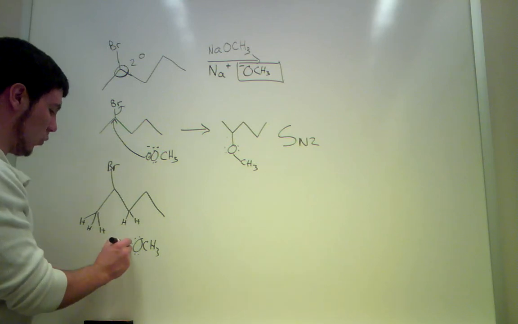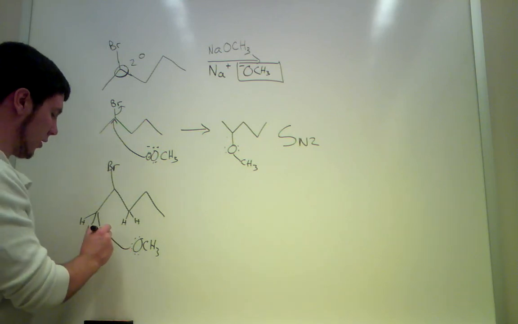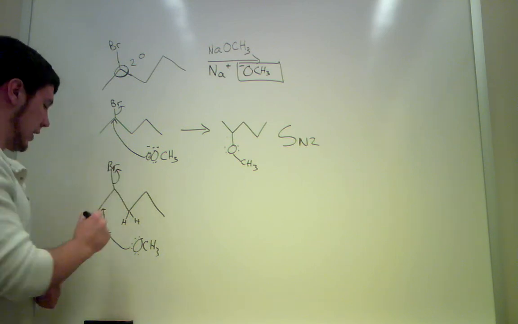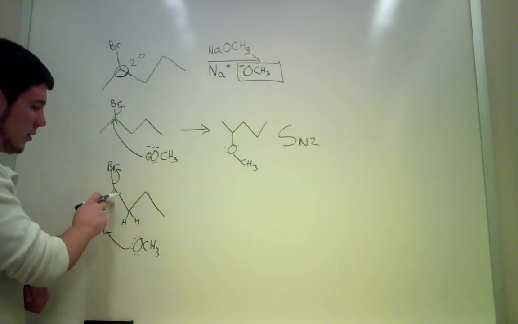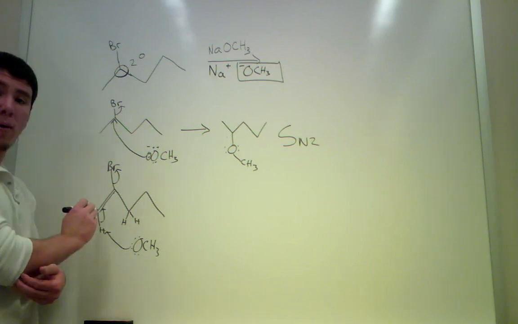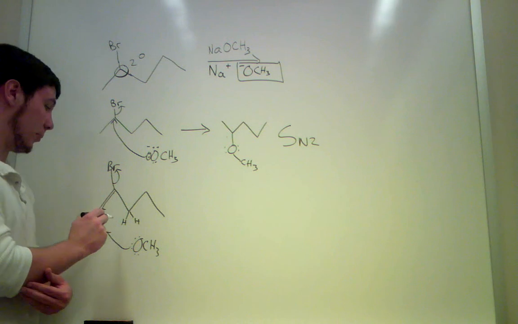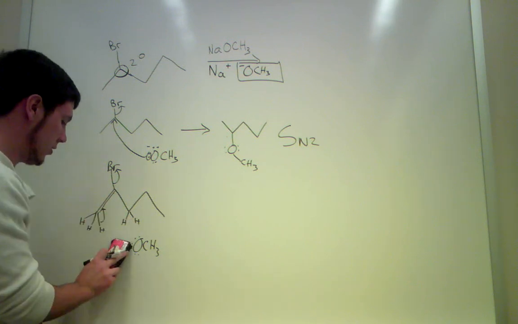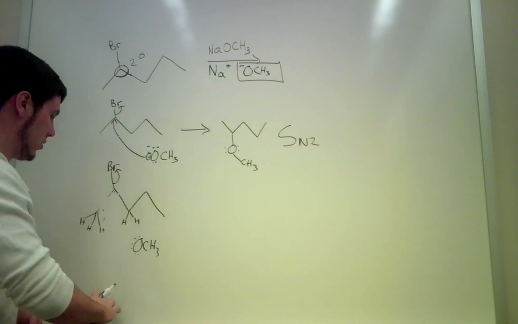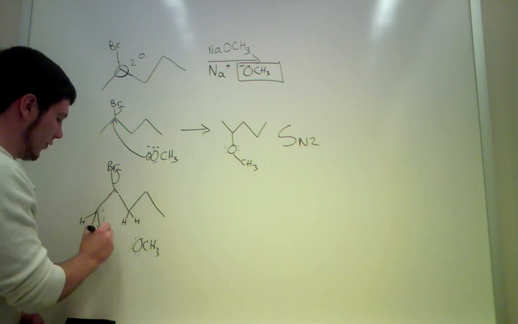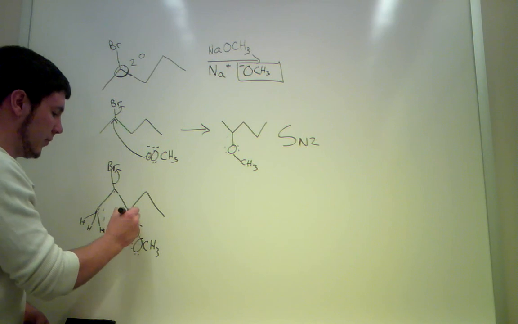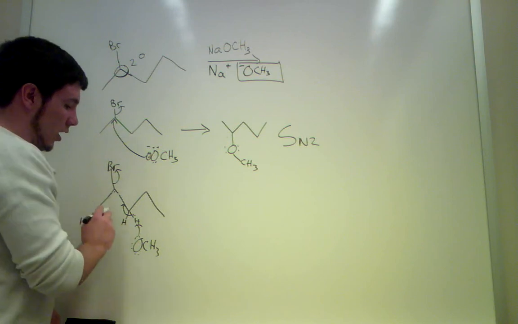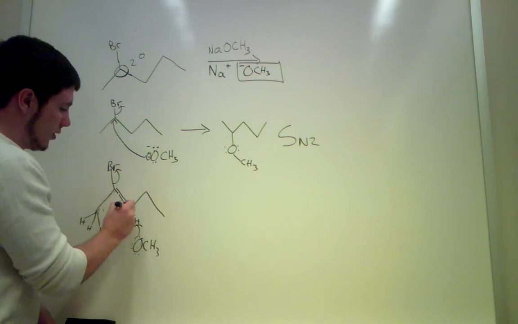So we could make one in a concerted effort right here, and that would form a double bond between these two carbons. But what we've got here is a primary carbon and a secondary carbon. Let's see what else we could do. If we didn't take that route, and we took off one of these hydrogens instead, say this one, and then this bond moved over here, and then that moved up to bromine, we would have a double bond here.